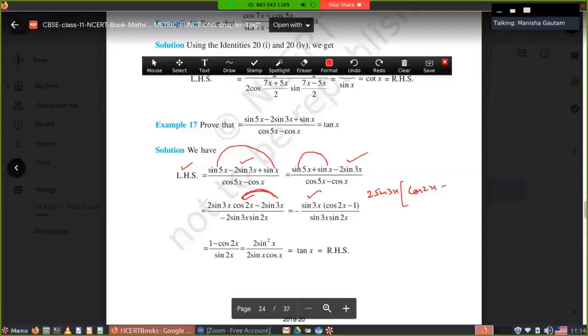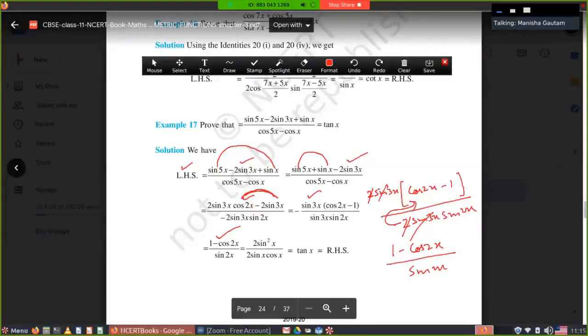Cos 2x minus 1, and in the denominator it is minus 2 sin 3x sin 2x. 2 is cancelled, and when you merge this minus sign, sin 3x is also cancelled. When you merge this minus sign, the sequence of the terms will be changed. You will get 1 minus cos 2x upon sin 2x. This is the statement you have to write down.